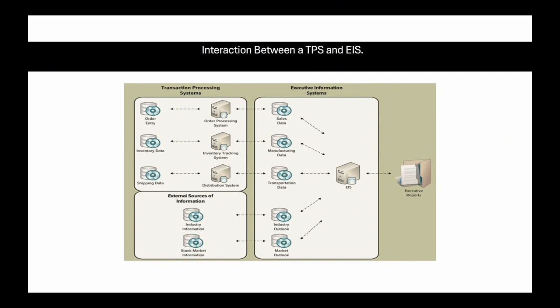This is so that the strategic planning or strategic level can be detailed and we can get good information. The Executive Information System turns all of these into data. The EIS can then absorb it and produce executive reports.